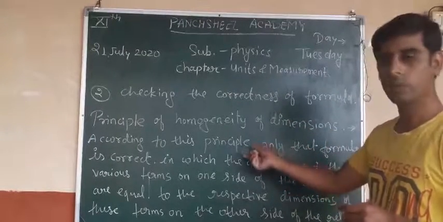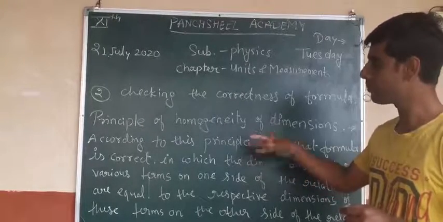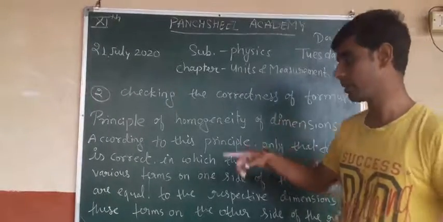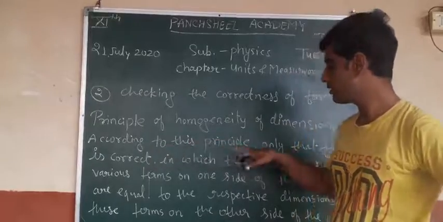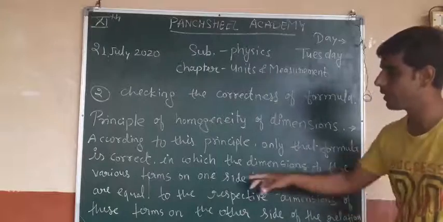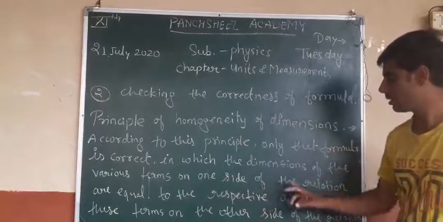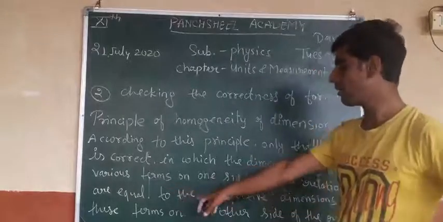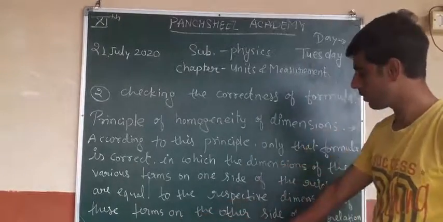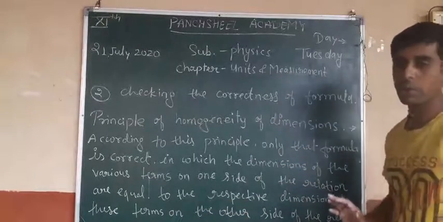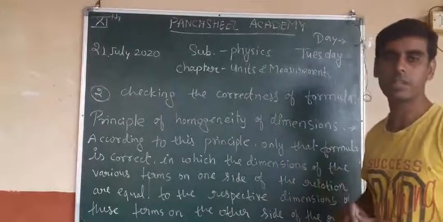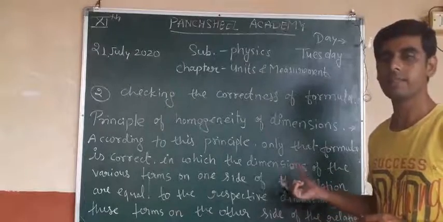Your attention is only on the homogeneity of LHS and RHS of dimensional quantity. And what is the principle? According to this principle, only that formula is correct in which the dimensions of the various terms on one side of the relation are equal to the respective dimensions of these terms on the other side of the relation. Only you have to equate the dimensions on both the sides. Then if the dimension is equal, then the formula is correct.